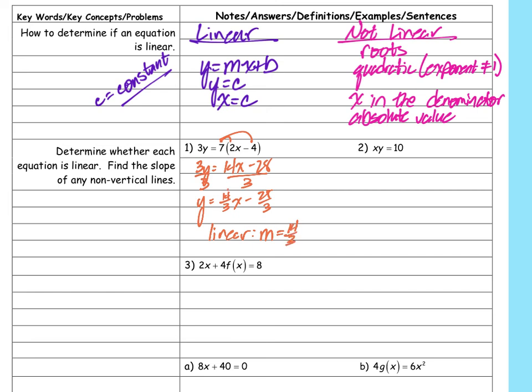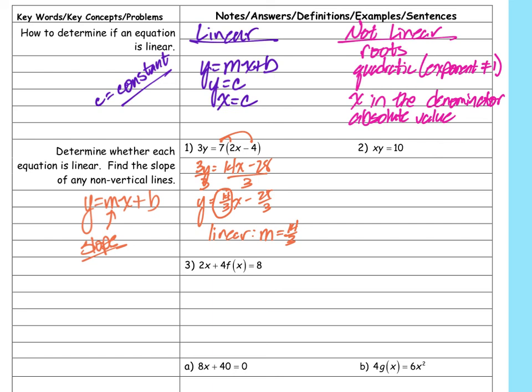Slope is the number with x, right? Y equals mx plus b, slope. Okay, we did that yesterday or the day before. I don't remember which day it was. When I mean yesterday, I mean last class, so that would have been Tuesday. Okay? That's okay.